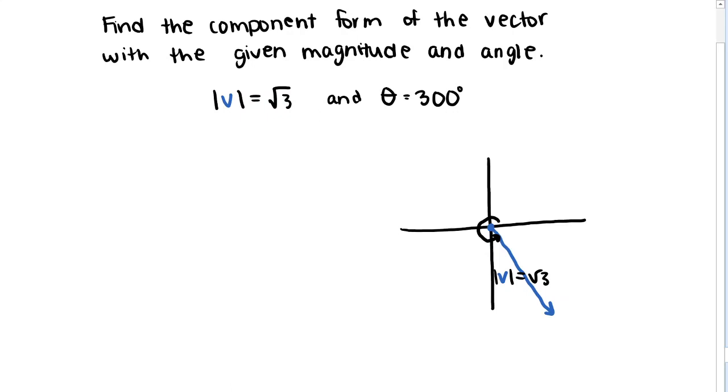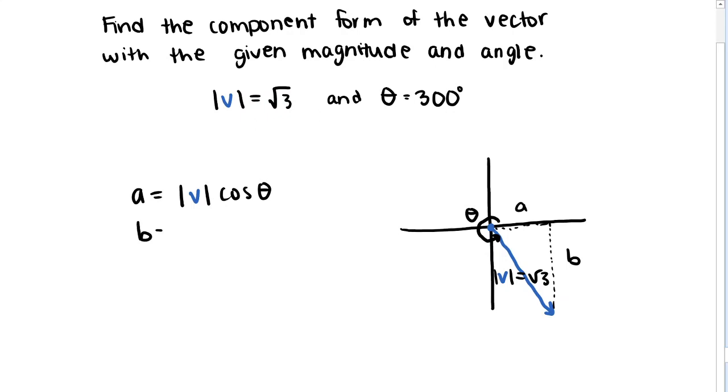Now, how do we find the components of this vector? Well, here we want to find the vertical component and the horizontal component. And here's our angle theta. Well, if this is labeled A and this is labeled B, we said that A is equal to the magnitude of v times cosine of theta.